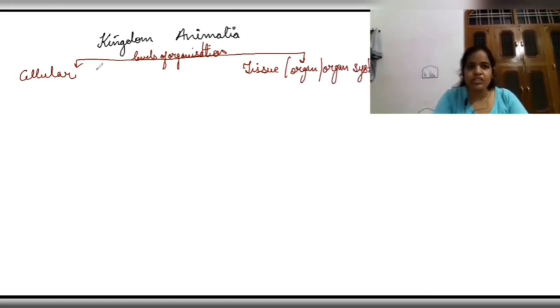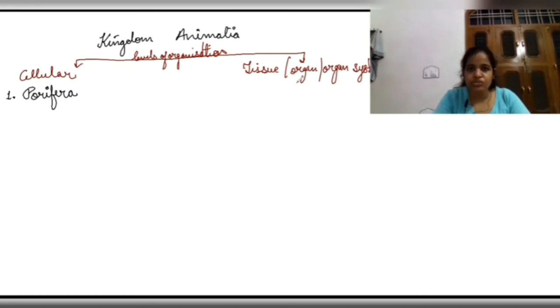So this cellular one has the example, the first phylum, that is phylum Porifera. The Porifera members, which we'll be seeing in the next video, do not have the tissue formation, a number of cells present together forming the body, but not the tissues.